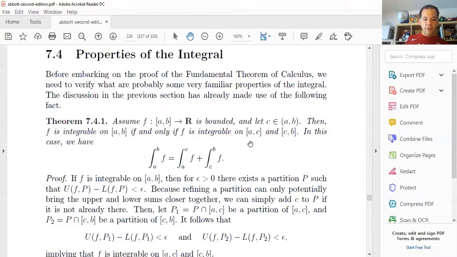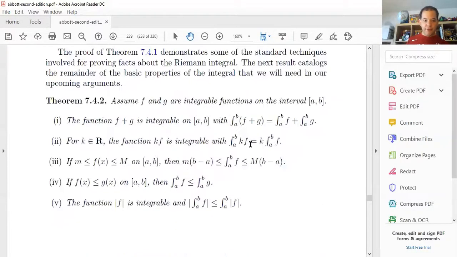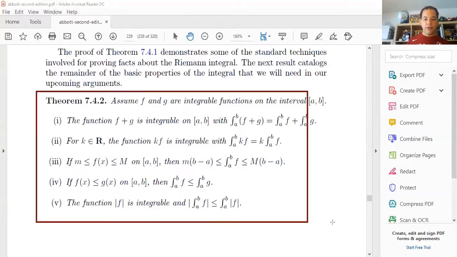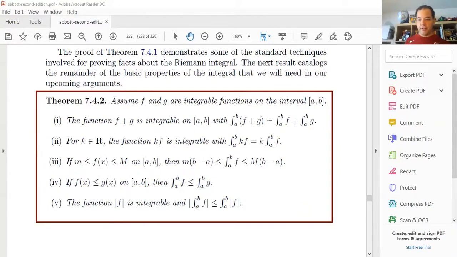And we want to now show this theorem next time, which has all these properties that you're probably familiar with when it comes to integration. So if you have two functions that are integrable, then the sum is integrable, and the integral of the sum is the sum of the integrals. Excellent. If you have a function that is integrable and you multiply it by a constant, then the new function is integrable, and you can take the constant out when you want to integrate.